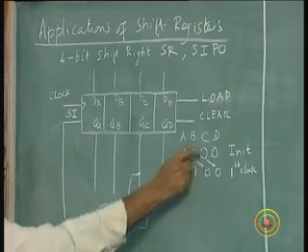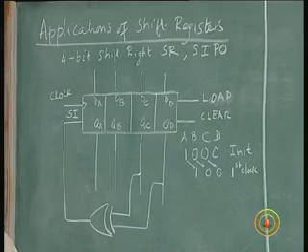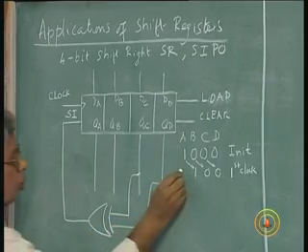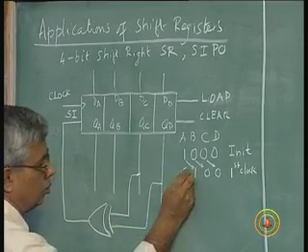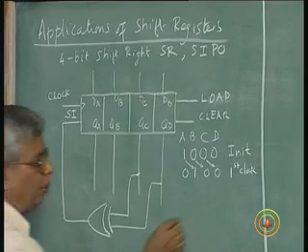Since this is an exclusive OR of C and D, what will be the exclusive OR of C and D? 0. So that 0 will get into this position. Again I shift it after the second clock pulse.